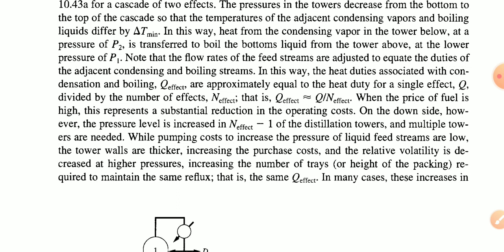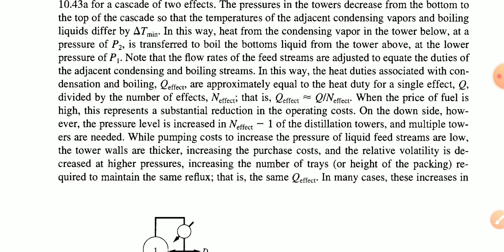When the price of fuel is high, this represents substantial reductions in operating cost. On the downside, however, the pressure level is increased in one effect of the distillation tower, and multiple towers are needed, while pumping costs increase to raise the pressure of the liquid feed.